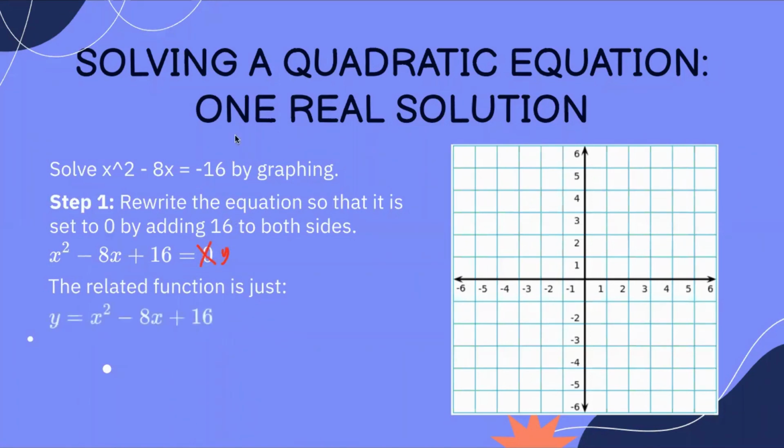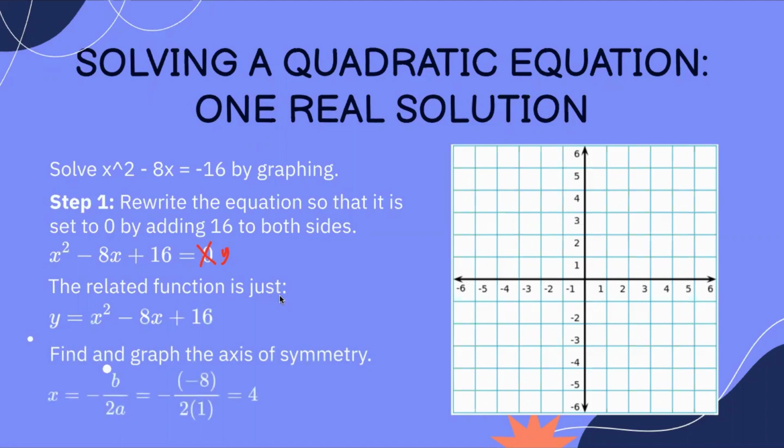And now I'm going to start graphing by first finding the axis of symmetry. Again, the equation for the axis of symmetry is x equals negative b over 2a. In this case, our b is actually going to be negative 8. Make sure that you're looking at the sign in front of your b value so that you're writing it correctly.